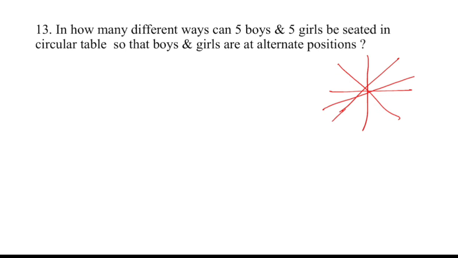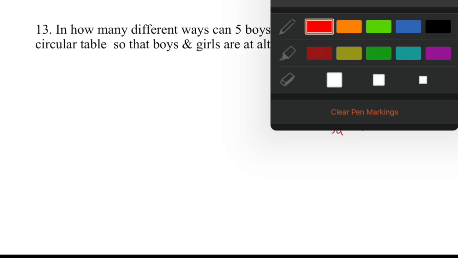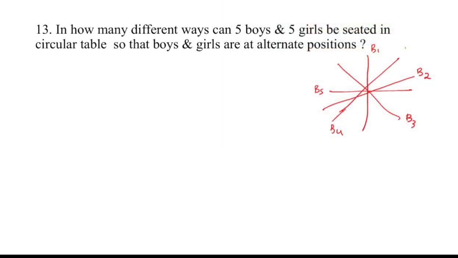So here boy 1, boy 2, boy 3, boy 4, boy 5. So in alternate places all boys are there. Now here will be girl 1, girl 2, girl 3, girl 4 and girl 5. In this way we have to arrange them.